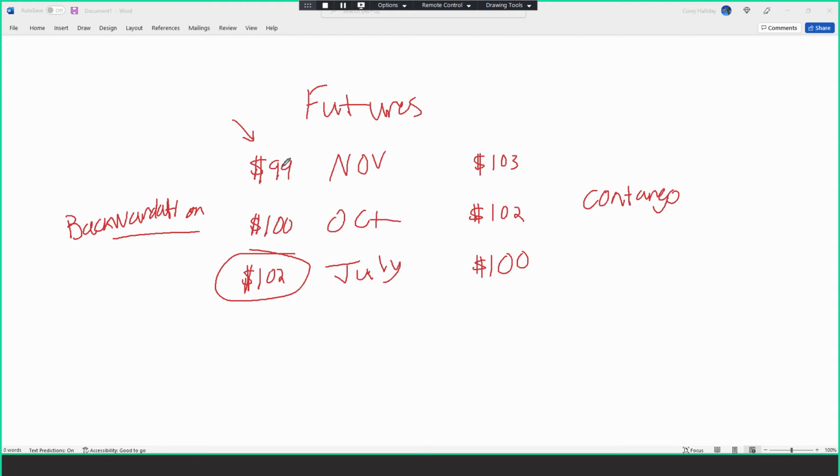So we can solve it over time, but we can't solve it in the short term. And so prices get expensive in the short term because people need the oil, they're willing to pay more, but we know that it will be resolved in the future, right? And so it's backwards. That's kind of how an inverted yield curve looks.